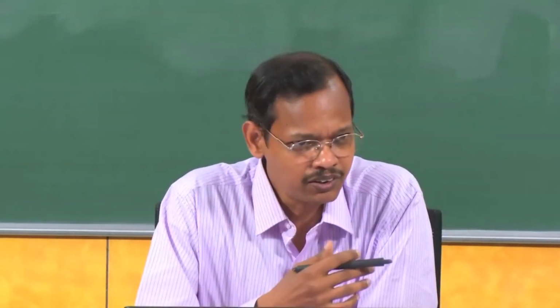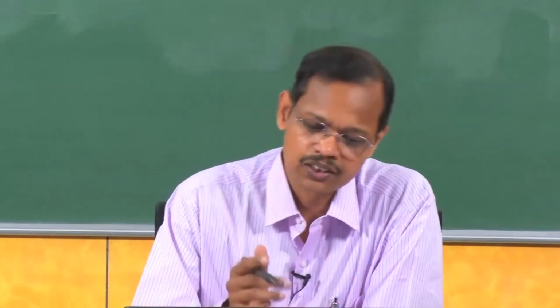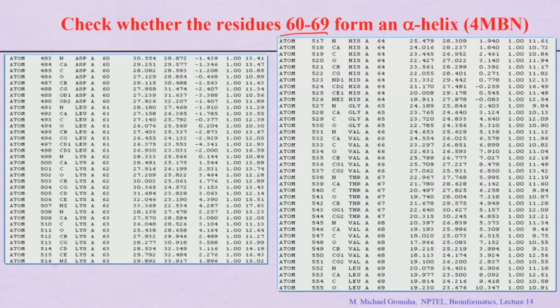It is very simple. Now, this is one example: myoglobin is an all-alpha protein, mainly alpha helices, and it was shown that residues 60 to 69 form an alpha helix. How do we check whether these residues really form an alpha helix?